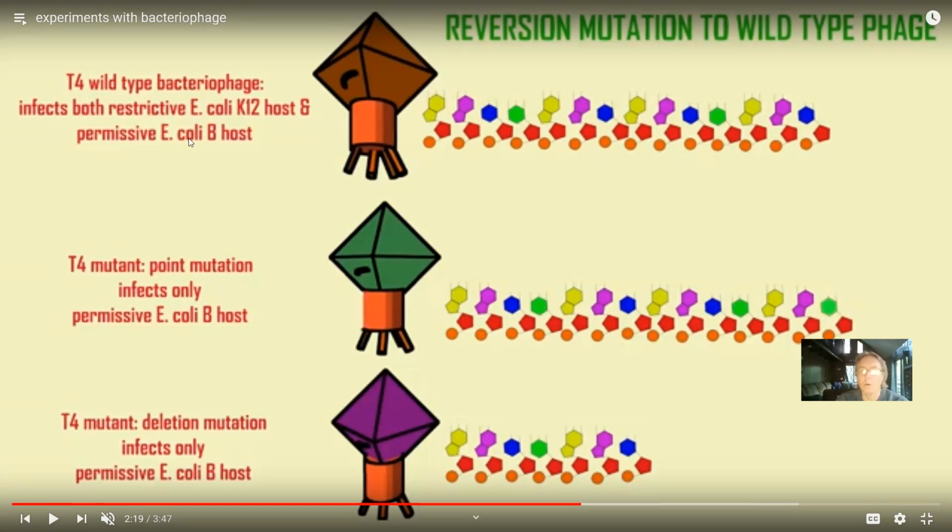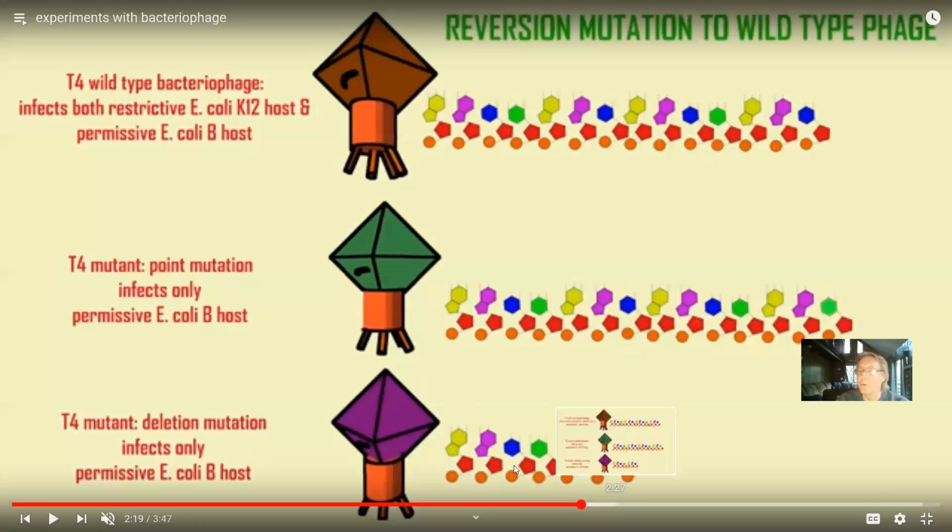And so E. coli can have different strains. There are E. coli K, E. coli B, etc. And so if the restrictive host, E. coli K, could be infected by the wild type virus but not the mutant viruses. So if a mutant virus can't infect this strain but it can infect that strain, you could then study that.